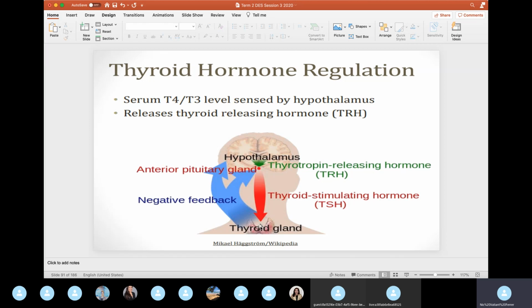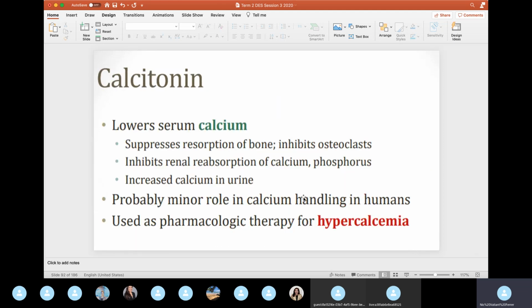Thyroid stimulating hormone. And then you have T3 and T4. The increase in T3 and T4 will provide a negative feedback mechanism to your anterior pituitary and to your hypothalamus to decrease production of your TRH and TSH.